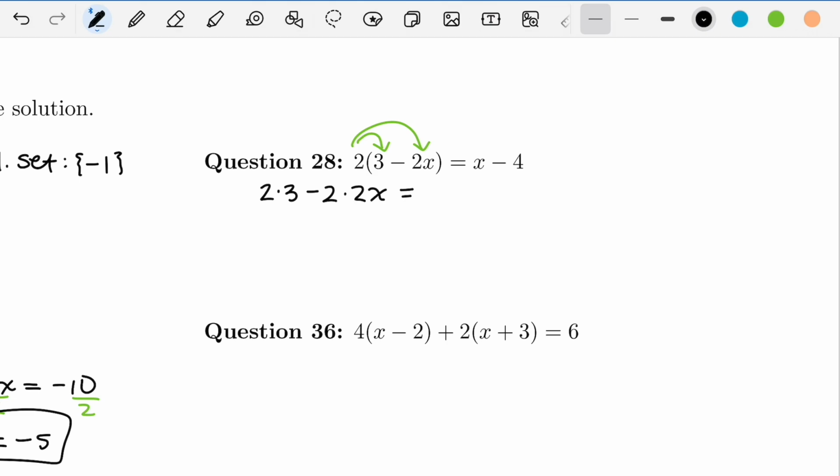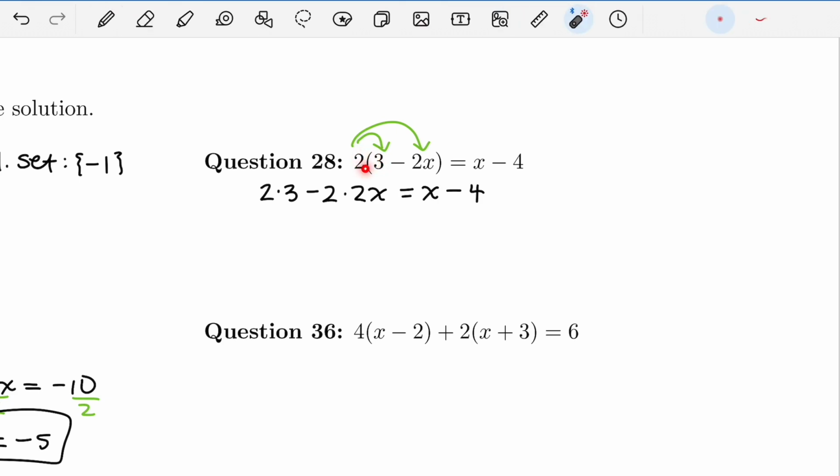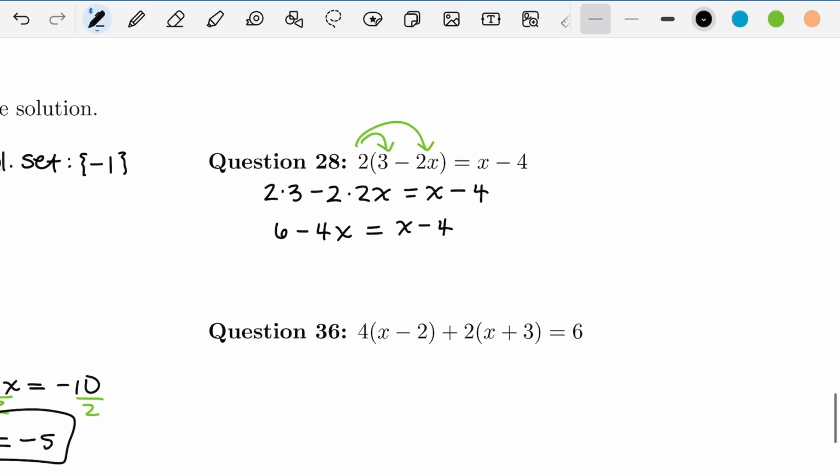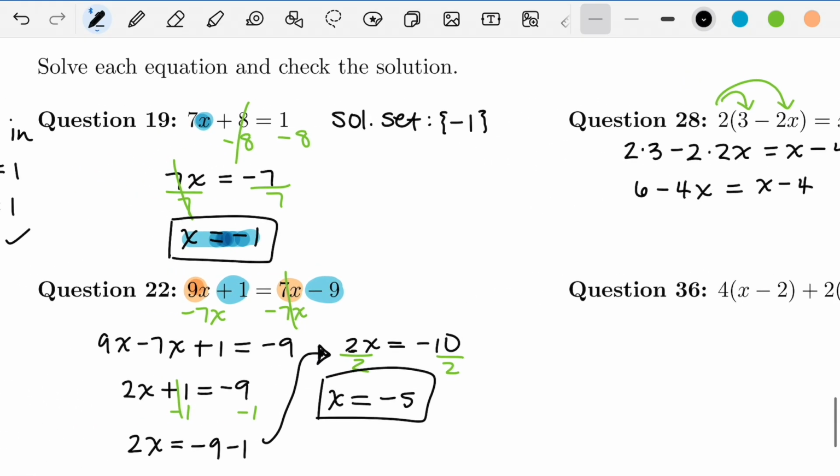And then on the right-hand side of our equation, we still have this x minus 4. So this is just multiplying, so we have 2 times 3 here, and 2 times minus 2x, this minus is just up front. All right, so this leaves us with 6 minus 4x on the left-hand side. And now this just becomes an equation very similar to question 22 here.